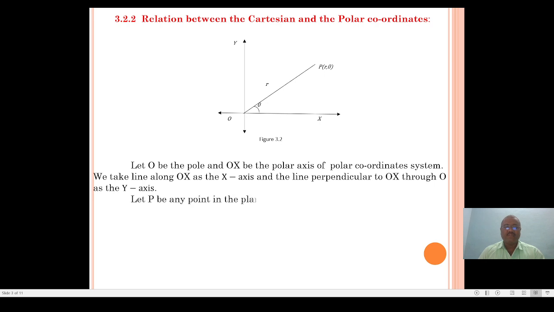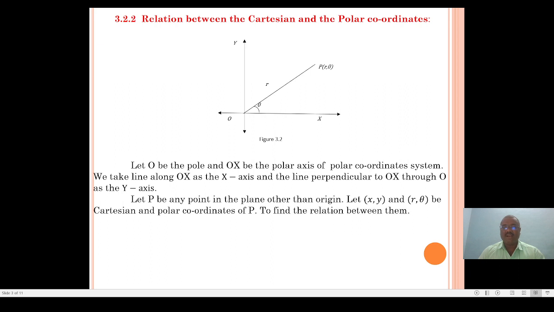Let P be any point in the plane other than origin. Let ordered pair (x, y) and ordered pair (r, theta) be the Cartesian and polar coordinates of point P.